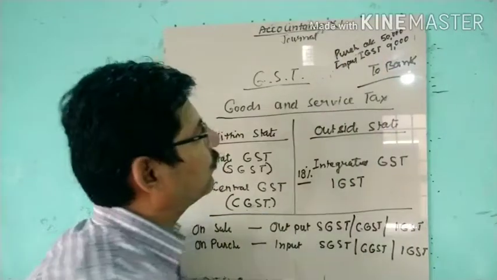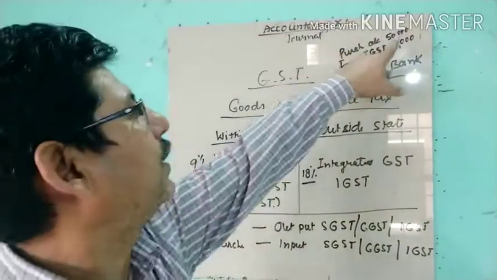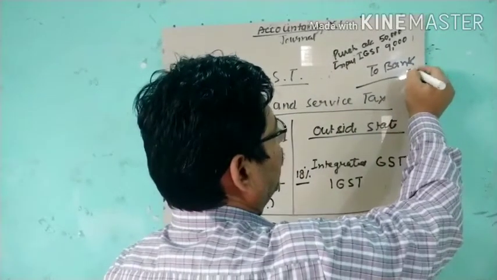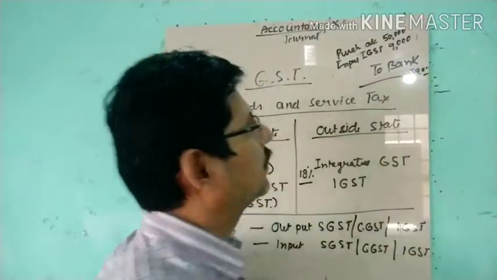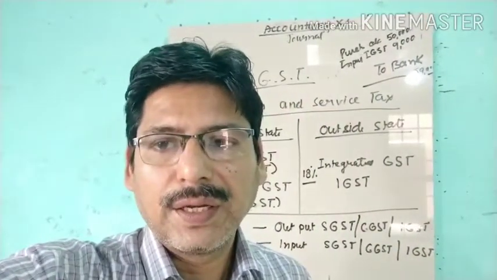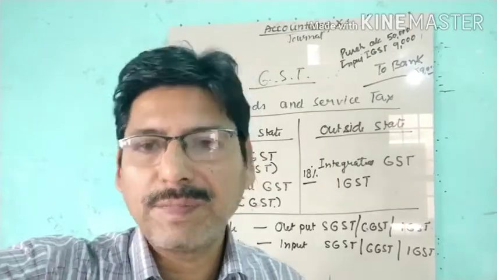So the journal entry would be: purchase account debit 50,000, input IGST 9,000, to bank 59,000. Okay, this way it will be done. Next, we will study the adjustment of this tax.